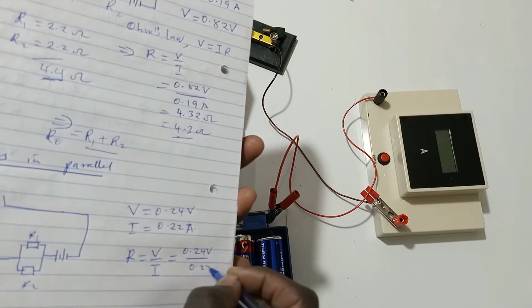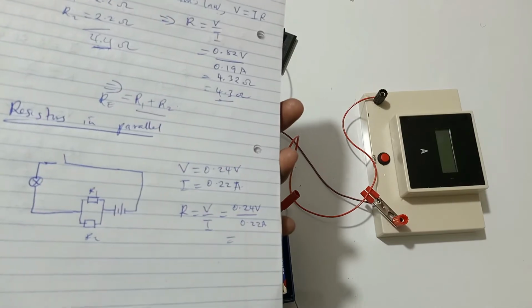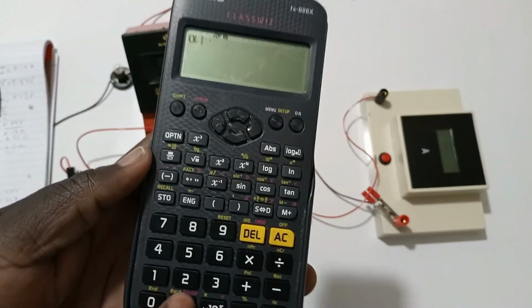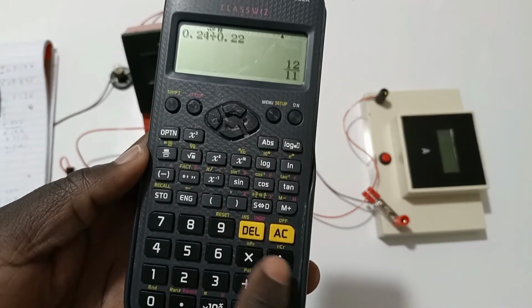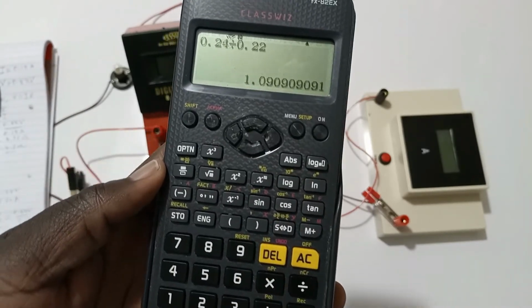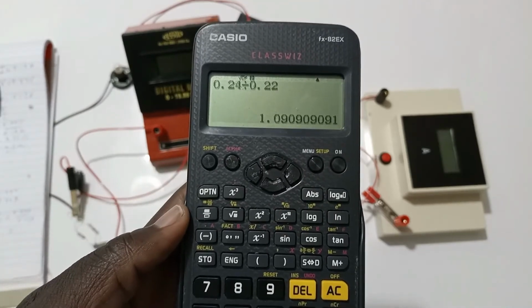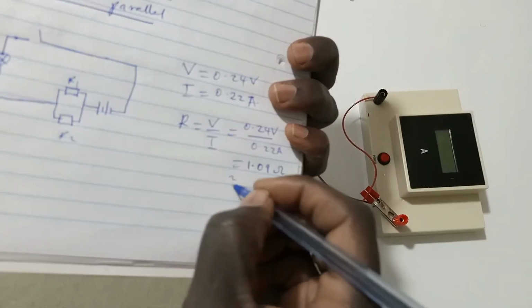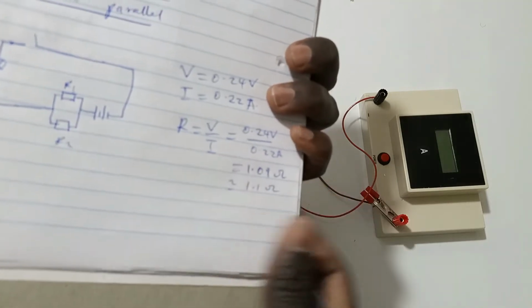0.22 amps. So this should give us 1.09, which is approximately equal to 1.1 ohms.